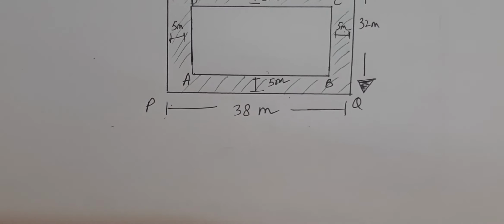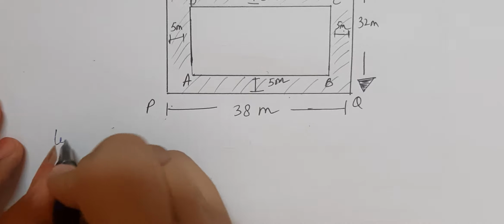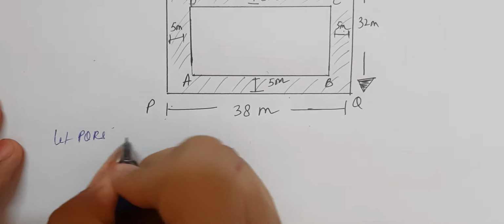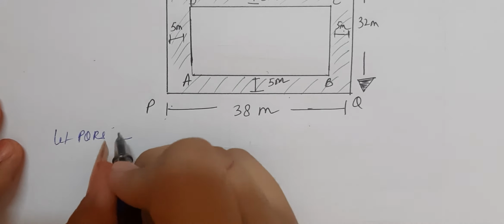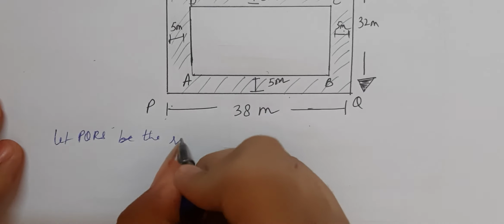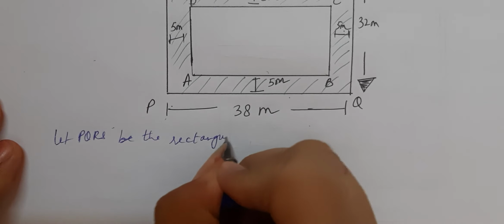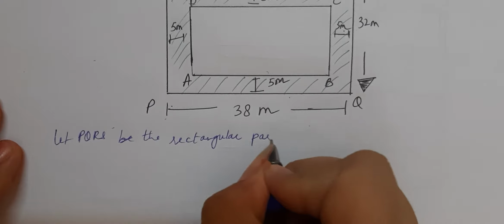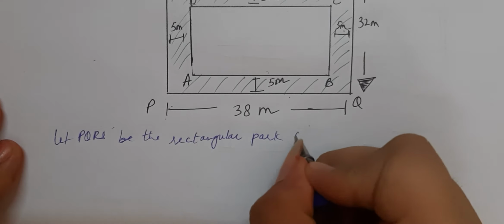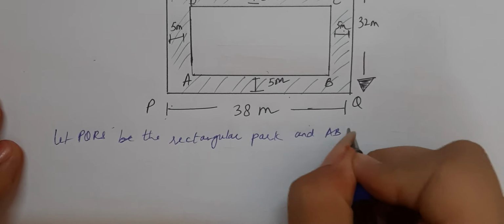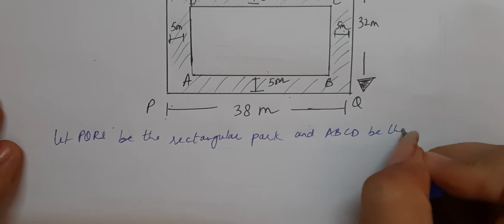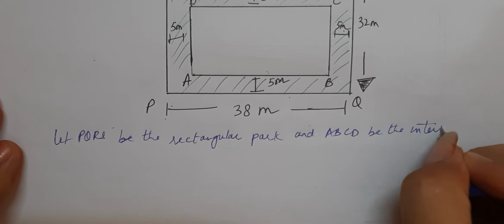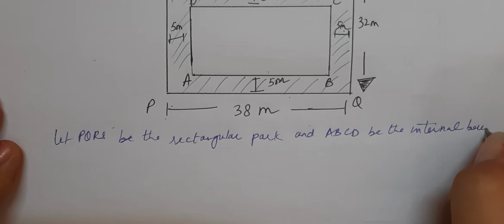Now first of all, let PQRS be the rectangular park, and ABCD be the internal boundaries of the path, because it is the boundary internally.